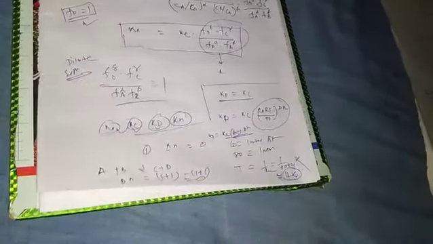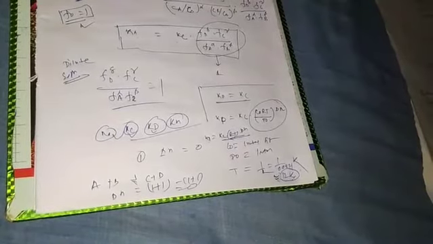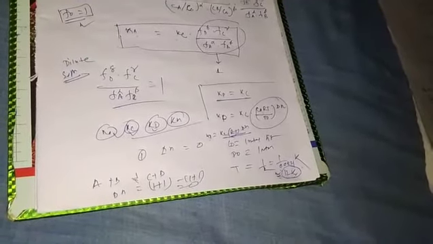So at 12 Kelvin temperature, Kp equals Kc, or when delta n equals 0.